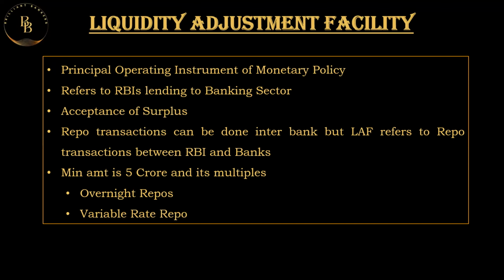In this type of repo, the RBI fixes a repo rate at which it is willing to lend to the banks, and banks can borrow as much as they need at that rate. The RBI commits to providing funds to the full amount demanded by the banks. Hence, it is also called full allotment. That is for an overnight period. This type of repo is used to meet the liquidity needs of the banks.